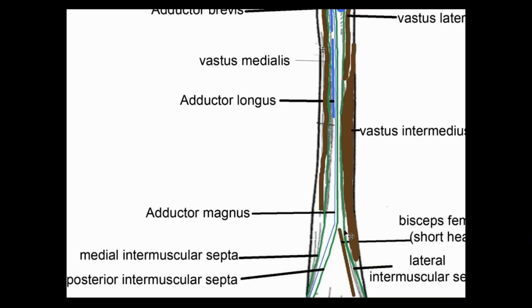So these are the structures, medial to lateral, present on the linea aspera.